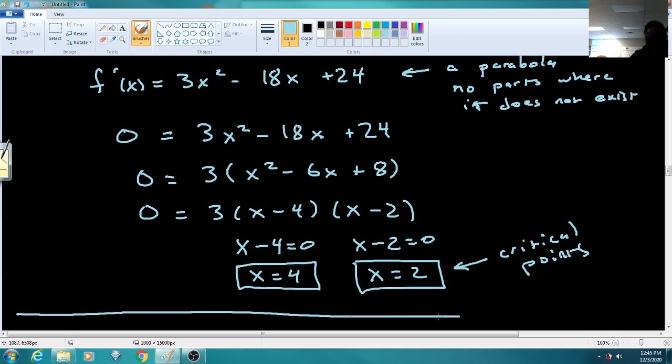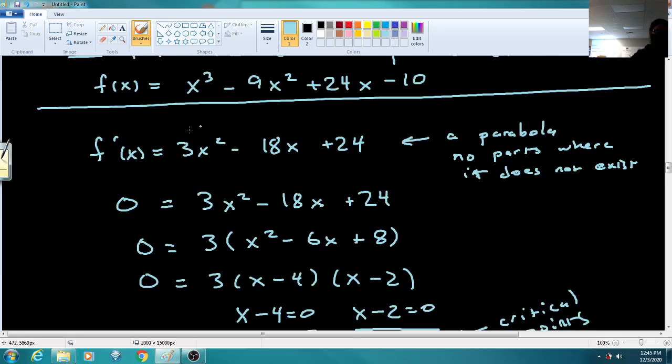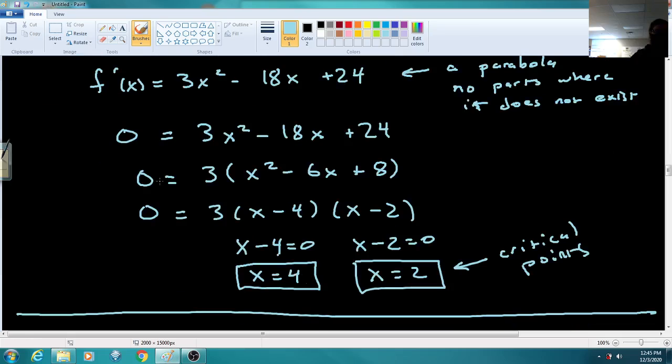And due to the form of our first derivative just being a parabola, we didn't have any inputs that would make the first derivative undefined. So we're done. These are the critical points for that function. That's its first derivative, and setting it to 0 got us our critical points.